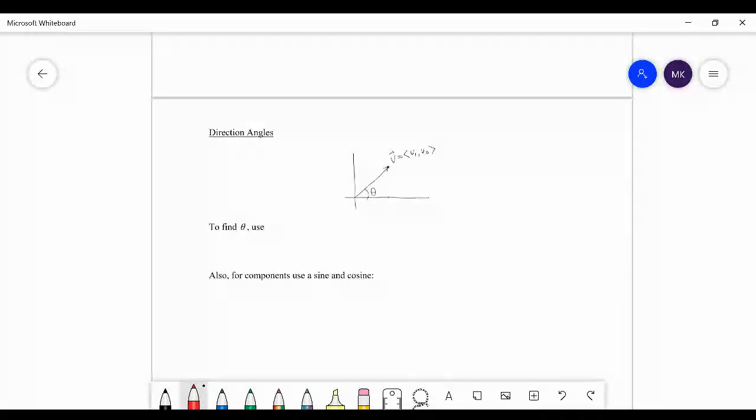Okay, and I'm going to label this here. So this distance here is v1. This distance here is v2. And this distance here is the magnitude of v.